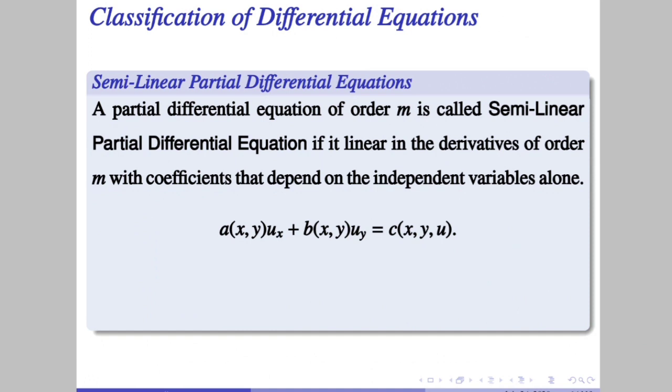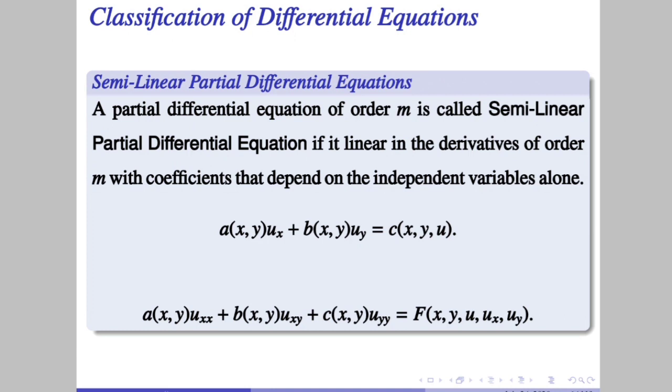Next, this is an example of a first order semi-linear partial differential equation: a(x,y) ux plus b(x,y) uy equals c(x,y). Here the highest derivative is of order 1, so ux and uy have coefficients that depend only on x and y, not u.